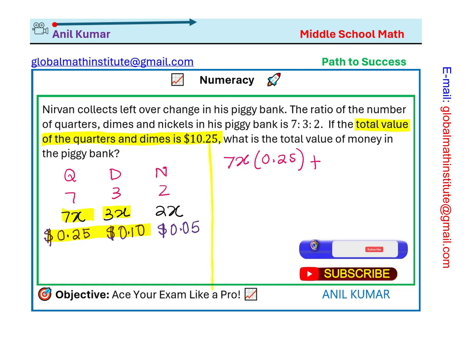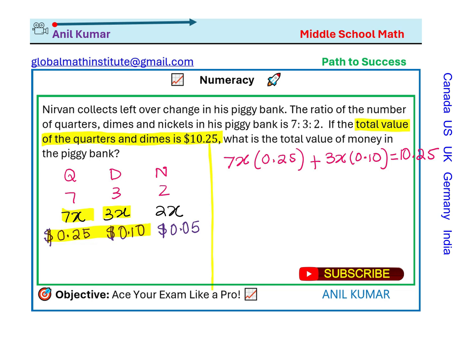This will be added to 3x times 0.10 for the dimes, and all this should be equal to 10.25. In this equation, x is the only unknown and we can definitely find it. So if I take x common, what is left?